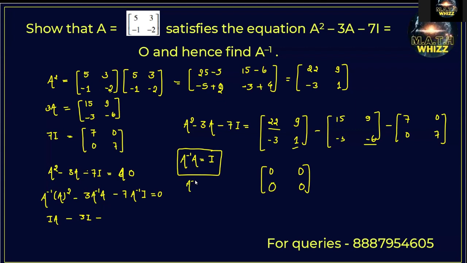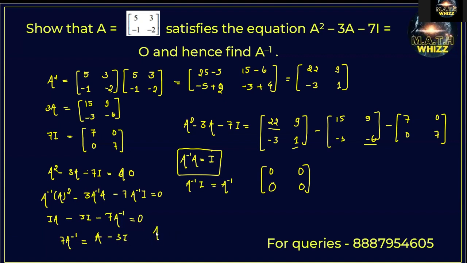Multiplying anything with the identity matrix gives the same matrix. So we can write 7 times A inverse is equal to A minus 3I.